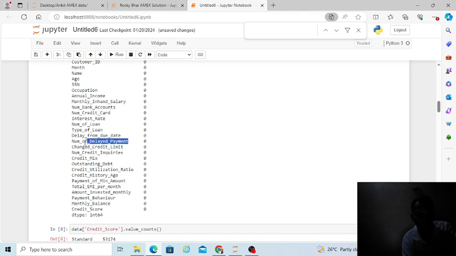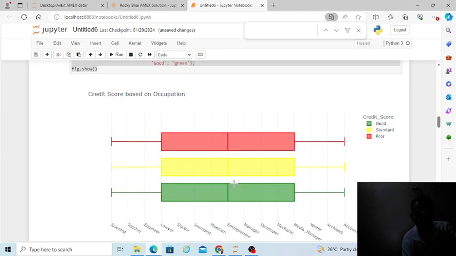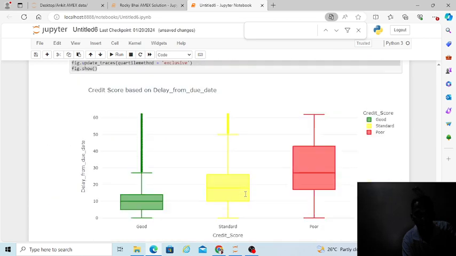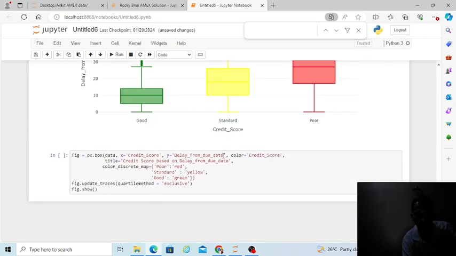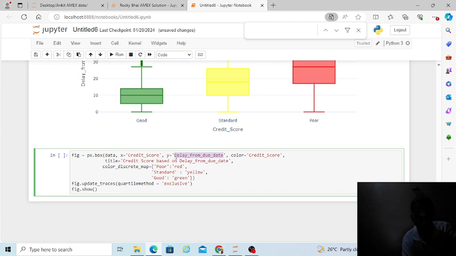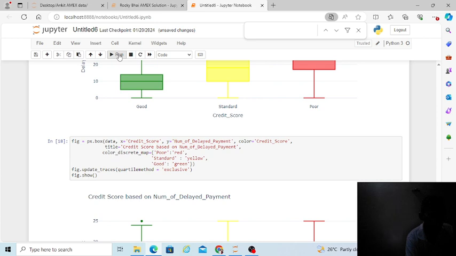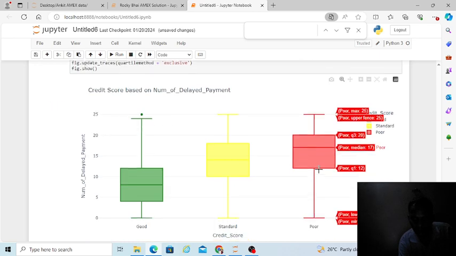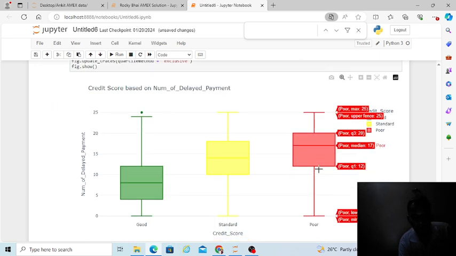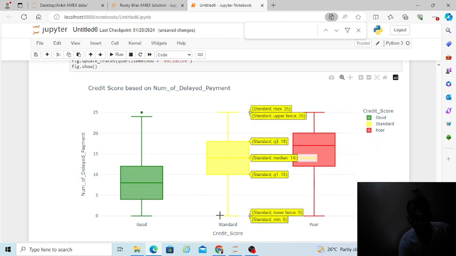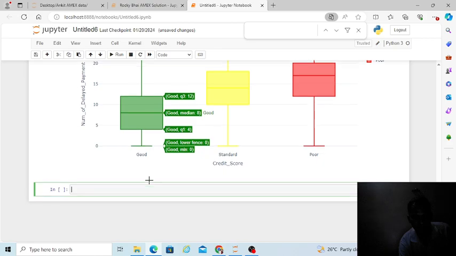Number of delayed payments, and I will copy this and try to visualize this plot. Okay, those who have delayed the payments more are having poor credit worthiness.